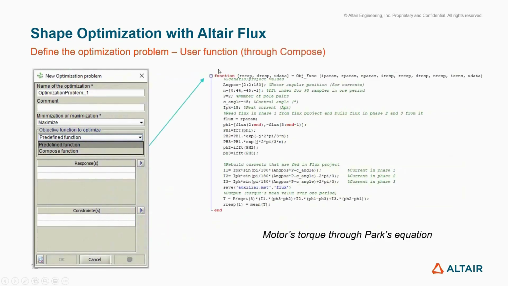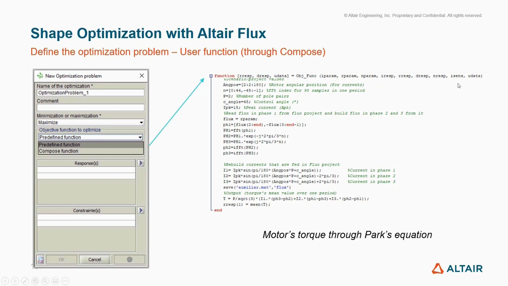This shows how you can define a compose function. Here under optimization problem, if you choose the compose function option, then you'll be able to import the compose function which you define. The figure in here shows the example of a motor torque that is being computed using Park's equation using the compose function template. Here we have an objective function with the inputs of the responses that we give as an input.